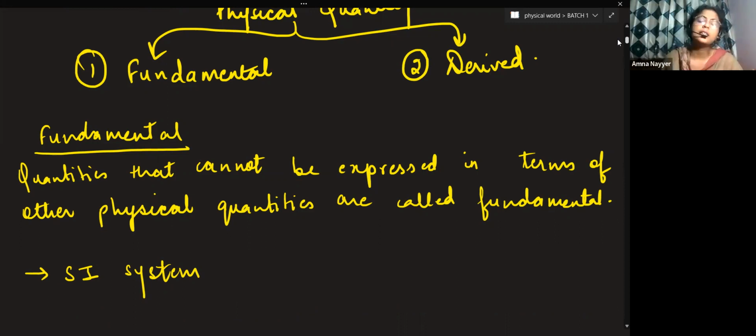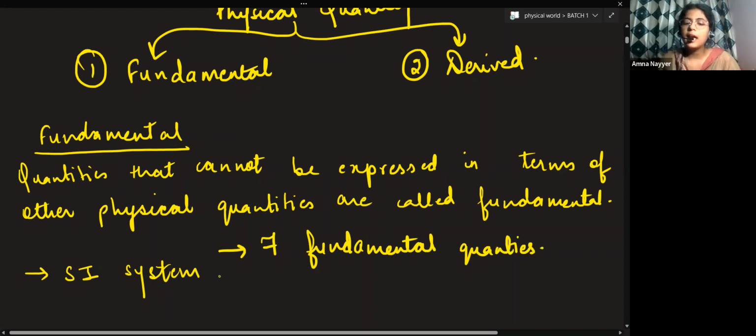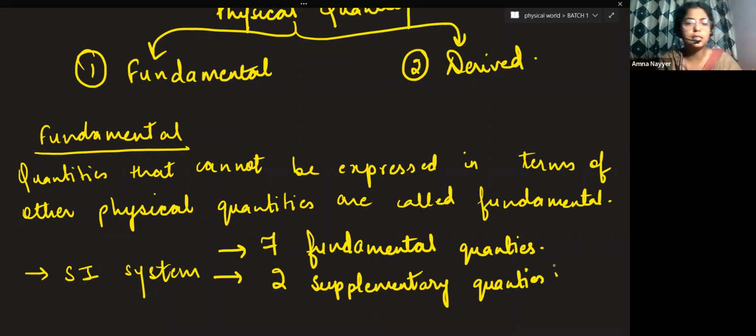In the SI system, there are 7 fundamental quantities and 2 supplementary quantities.